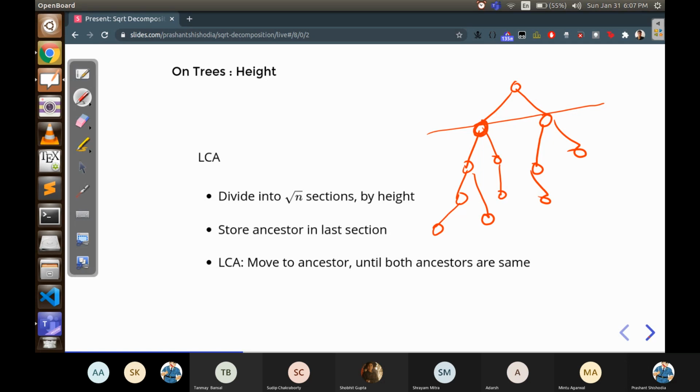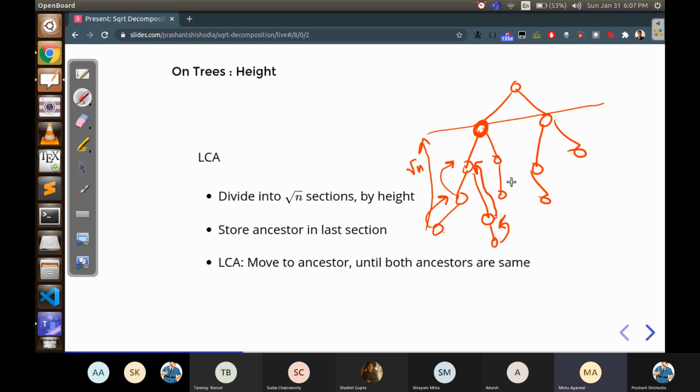Both have their root n ancestor here, and they have the same ancestor, but it's in a different block. So now I'll have to go up only by root n. I can brute force, moving a step each time. I just move from v to its parent, and I'll figure this vertex out.